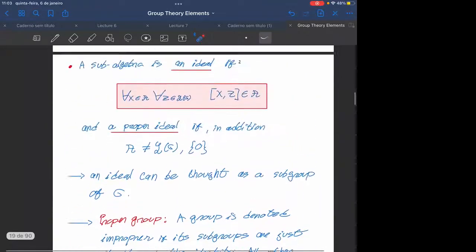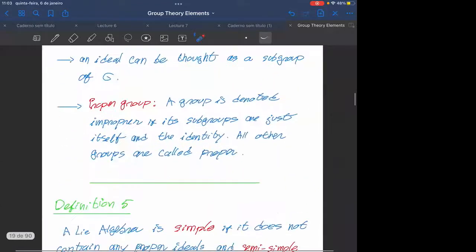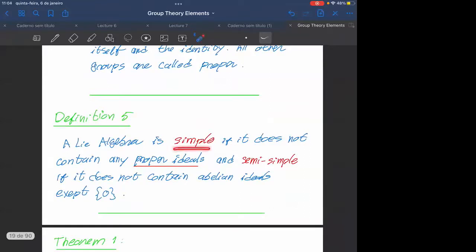What is a proper ideal again? We need to have a commutation between two generators of an algebra A and an algebra LG. And if A is not the same as LG, then it's a proper ideal. If, for example, the only way of getting this condition is that A equals LG, then it does not contain a proper ideal, and the algebra is simple.